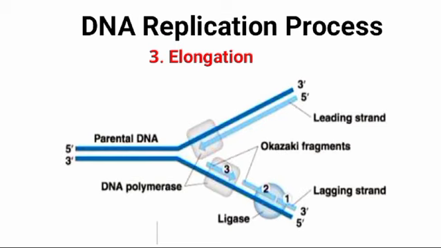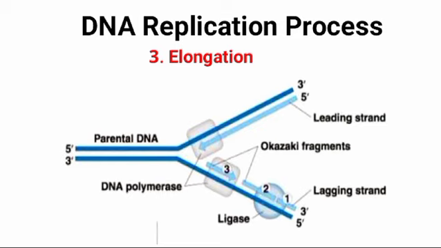In the elongation step, enzymes known as DNA polymerases are responsible for creating the new strands by a process called elongation. In eukaryotic cells, polymerases alpha, delta, and epsilon are the primary polymerases involved in DNA replication.